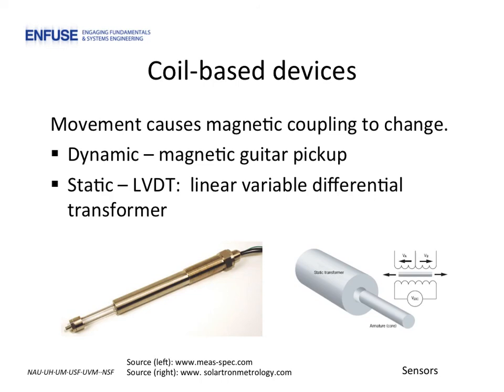As a sensor's rod extends, the core moves, say, to the right, thereby increasing the voltage in the right secondary and decreasing it in the left. As the sensor rod gets pushed in, the core moves to the left, thereby increasing the voltage in this secondary coil, but decreasing it in that coil.